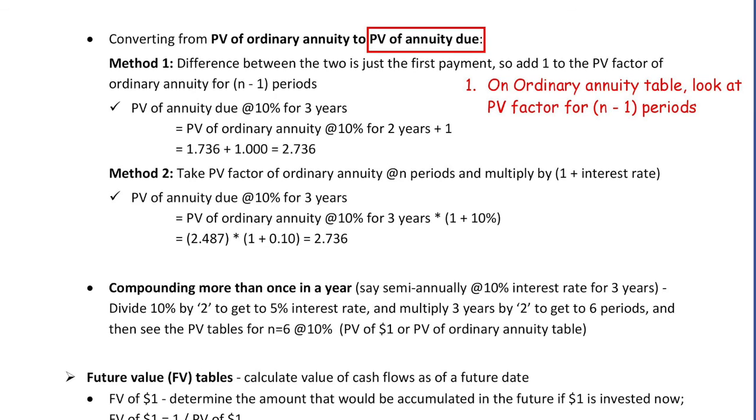So let us say if it's present value of annuity due for 5 years, on the present value of ordinary annuity table, you're going to look at the row for 4 years and take out the present value factor for that. And step 2, to the above present value factor, add 1. This gives you the present value of annuity due.